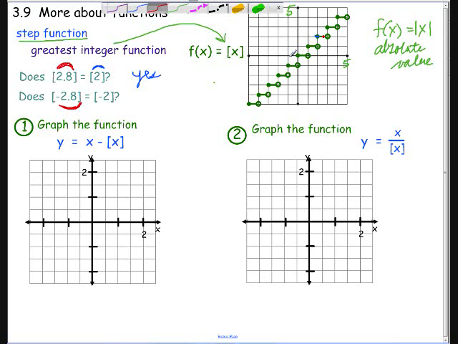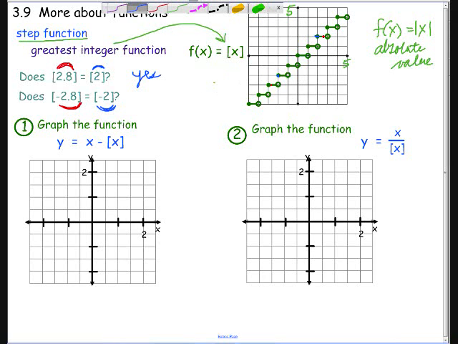We'll find that now. Let's see. Negative 1, negative 2, negative 2.8, which takes me right to here. I'll mark it. Does that equal the greatest integer function, negative 2? Ooh, no it doesn't, does it?